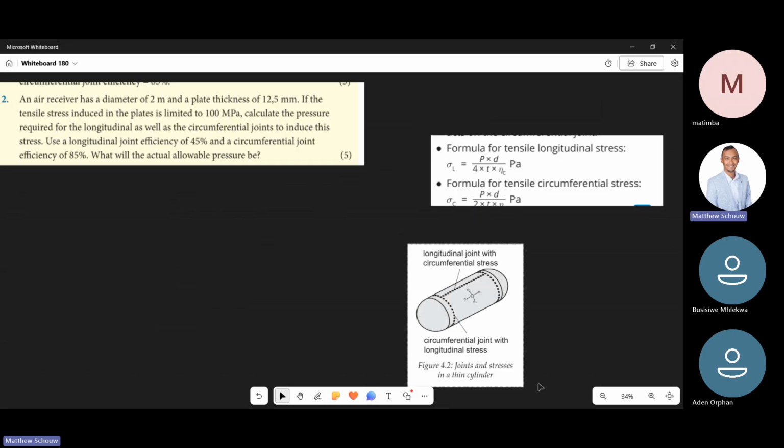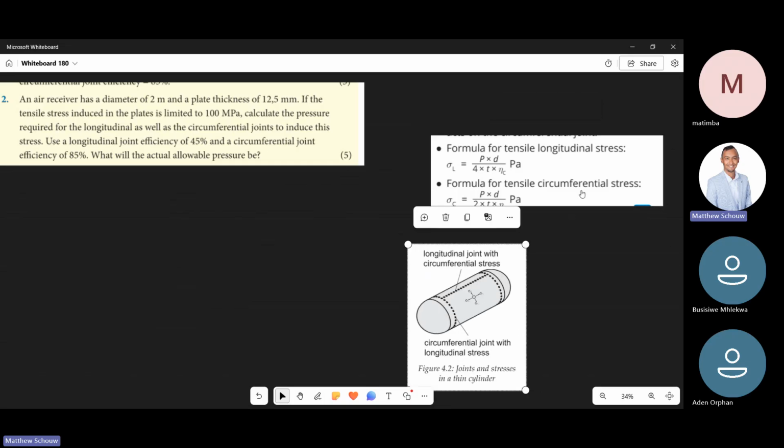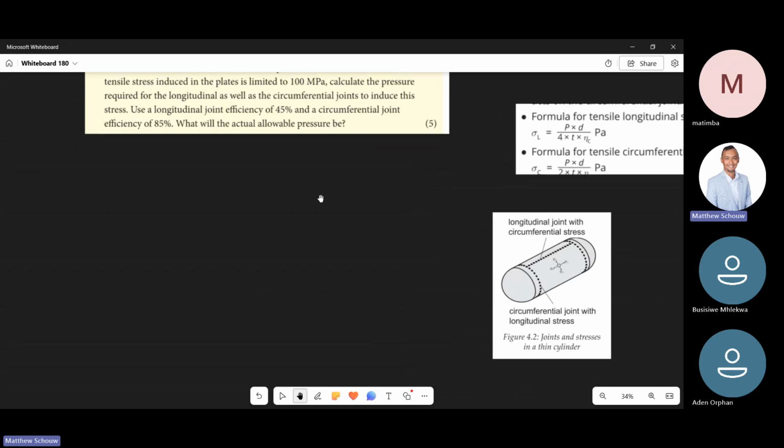Okay, so there are several examples I could put of a pressure vessel. I'm not sure if you've ever seen them before. There are several types of pressure vessels. If you need some recordings on them, I can assist you with that, but I'm here to assist you with the analysis part.